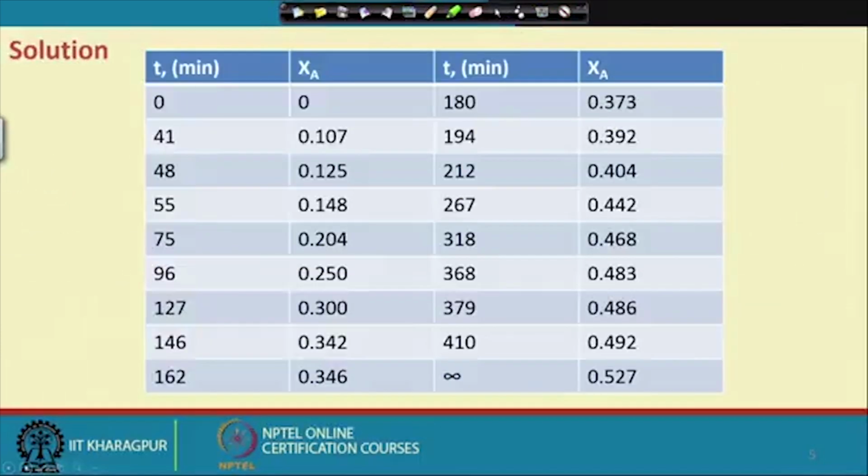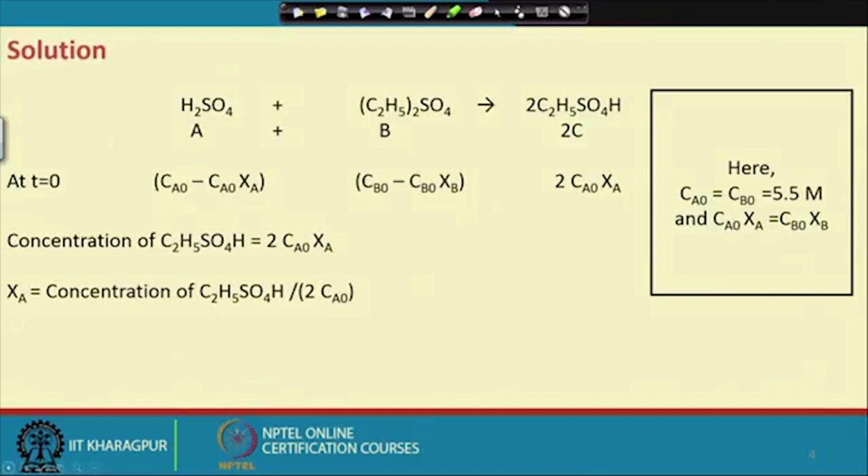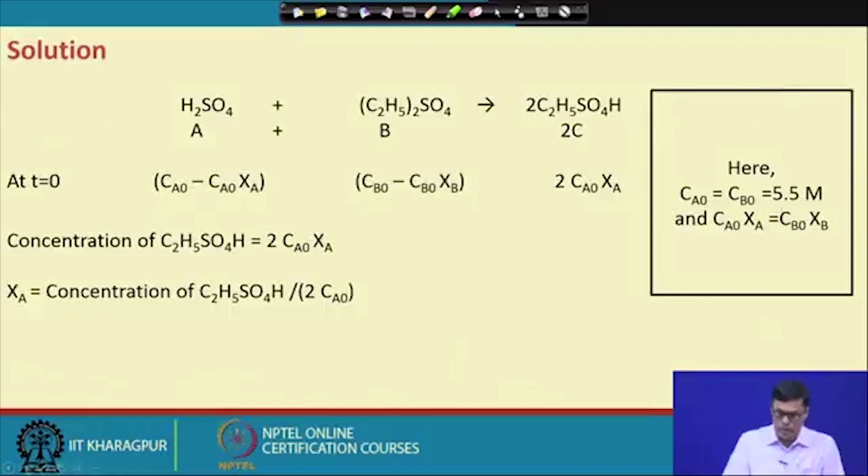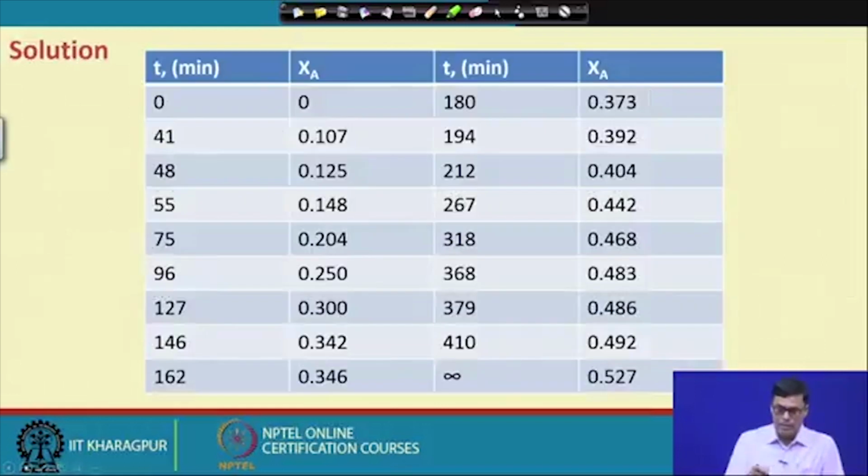From this we can write the expression, because we have the concentration of this divided by 2 Ca0, and Ca0 value is 5.5, given here. So we can find out the value of Xa with respect to time from the table.